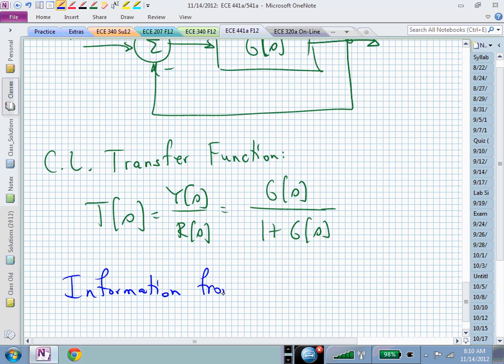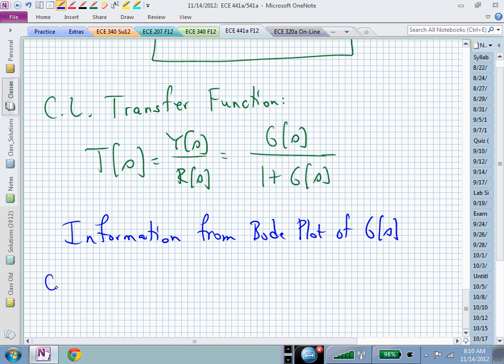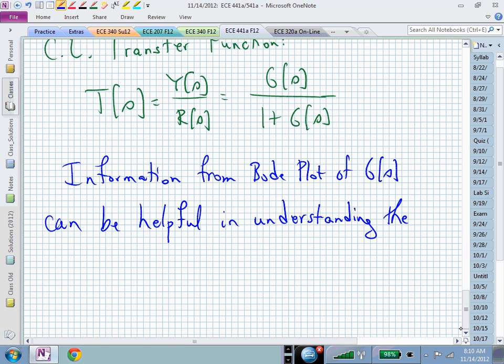Information from the Bode plot can be helpful in understanding the closed loop system properties.